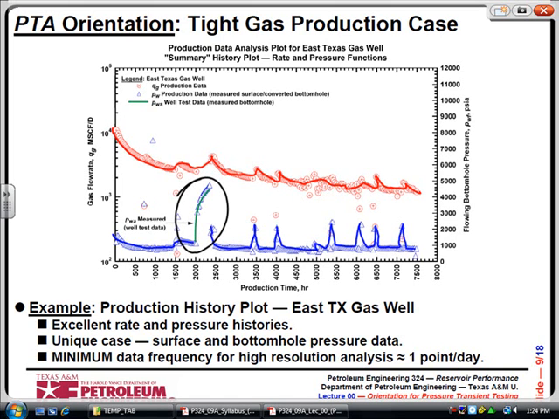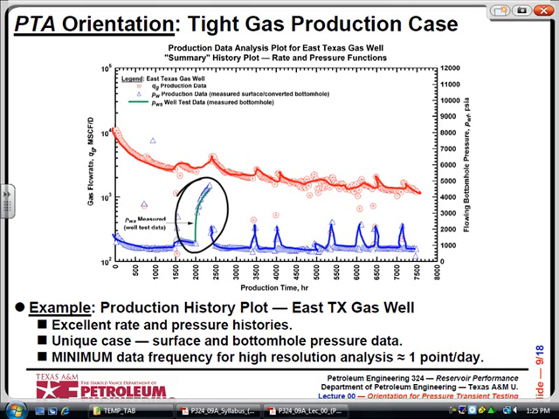The green is the measured bottom hole pressure from a properly executed pressure transient test for 11 days, something like 11,000 points. High resolution, high quality data. If you take the production data in red and the production pressures in blue and perform an analysis, and you take the pressures in green and perform an analysis, this analysis is for the entire life.